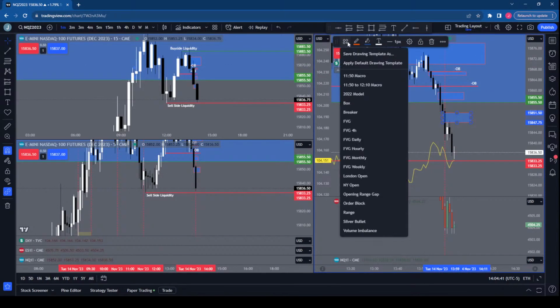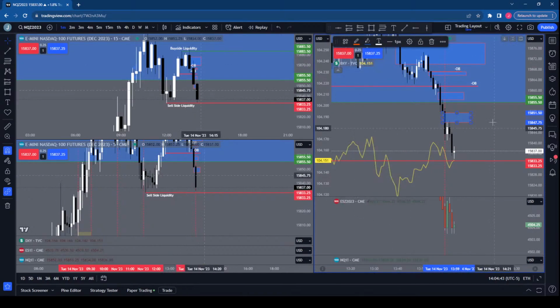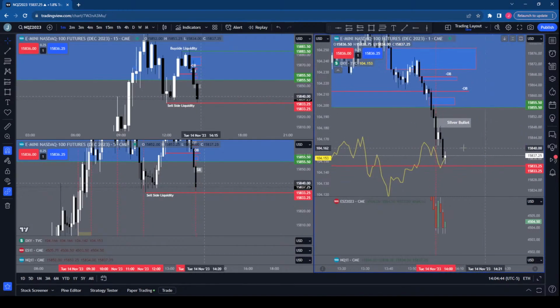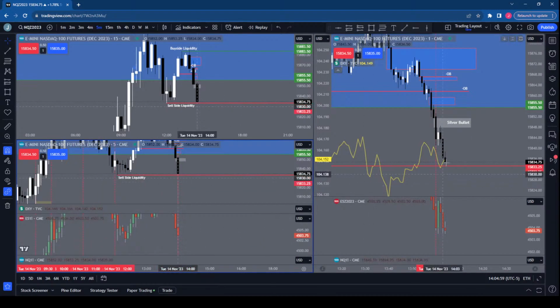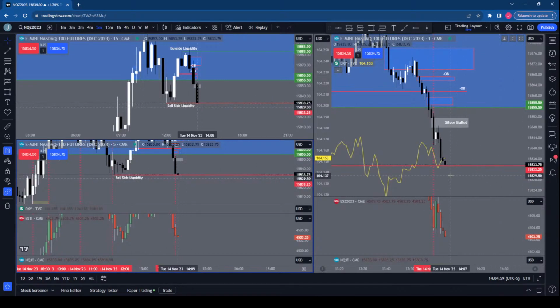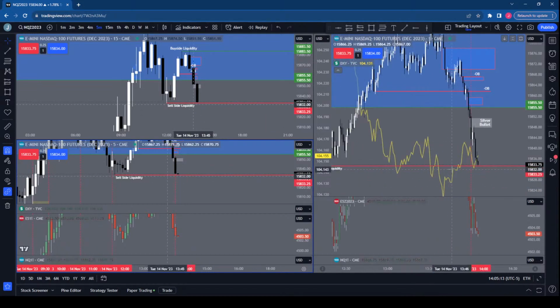So we'll call that the silver bullet. Happened pretty quickly, about 2 minutes in. And that's sell side right there.